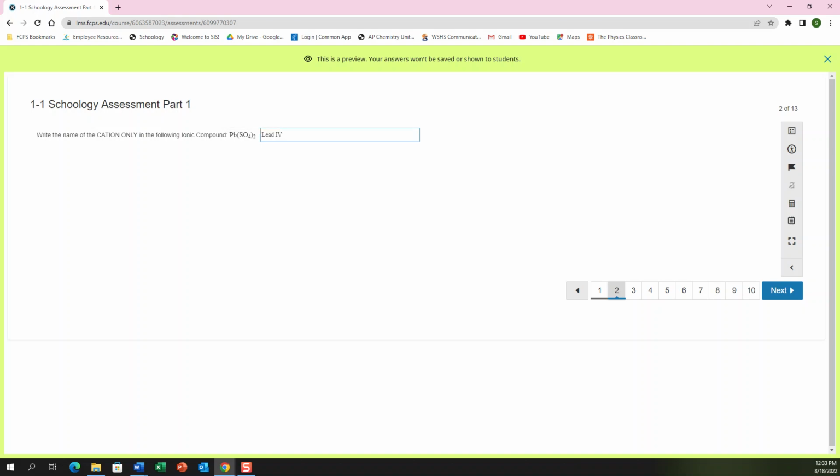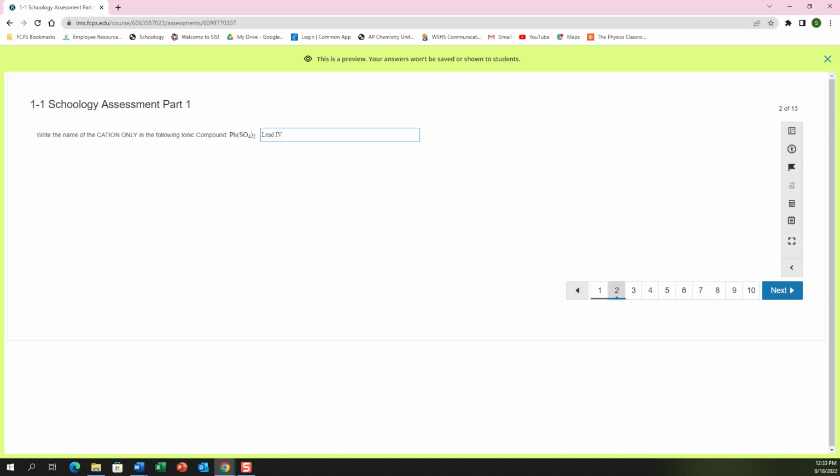Now, when you do this, make sure you don't use a lowercase l for your I. Make sure you use a capital I. And you don't have to put the Roman numeral in parentheses. So just 1 space in between lead and IV. Sometimes your Schoology assessments might mark something wrong because you just formatted it incorrectly.